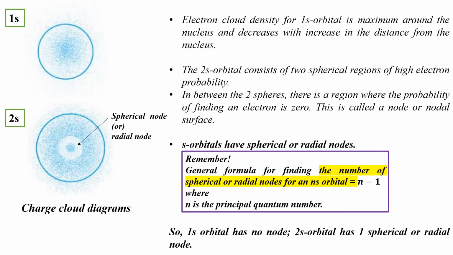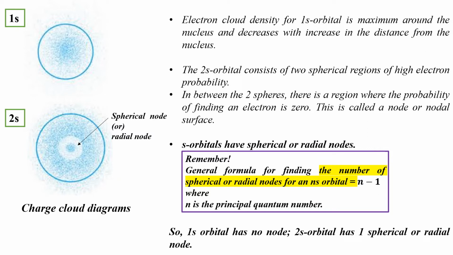The charge cloud diagrams of 1s and 2s orbitals are displayed. Here, if we take 1s orbital, the electron cloud density or the probability of finding electrons in 1s orbital is maximum around the nucleus, and it decreases with increase in the distance of the electrons from the nucleus.